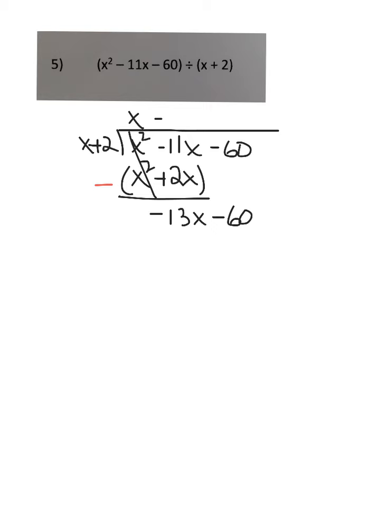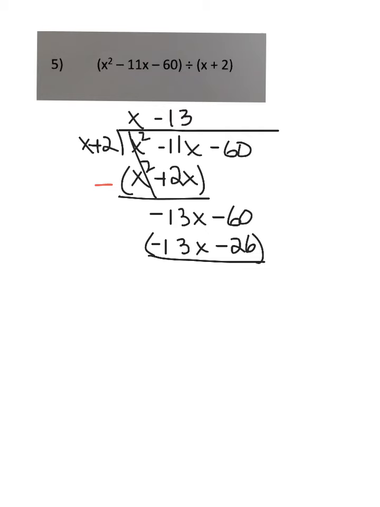So I'm going to multiply by a negative 13 here, so that when I distribute this negative 13 times that x, that's going to give me that negative 13x. Got negative 13x here, and then I'm going to have, what, negative 26, right? Okay, that's negative 13 times 2.